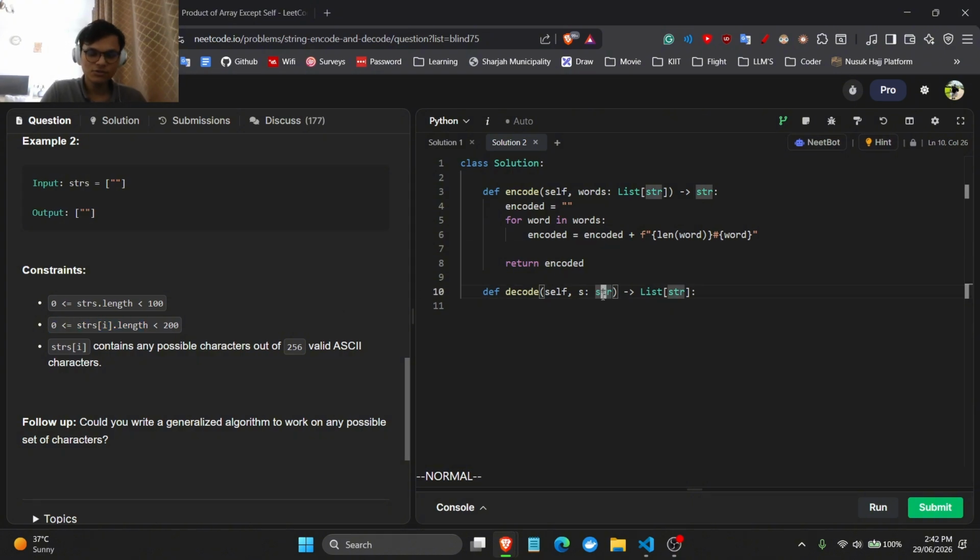So the way we will do this is, I think, i is equal to 0, while i is less than the length of s, because we want to iterate throughout the string.